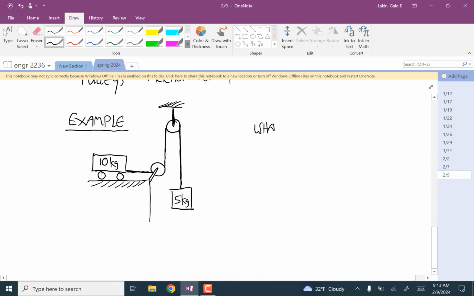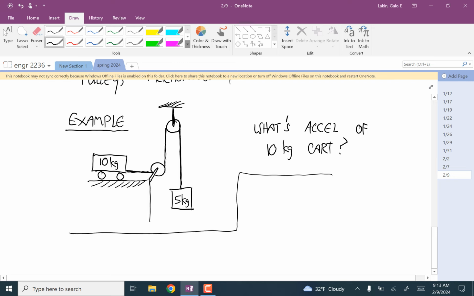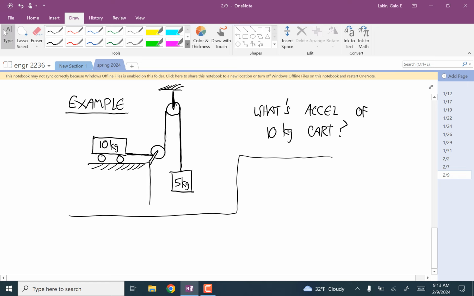And we want to figure out what's the acceleration of the 10 kilogram cart. Well, we're going to have to draw free body diagrams and use Newton's second law for both of these two bodies.